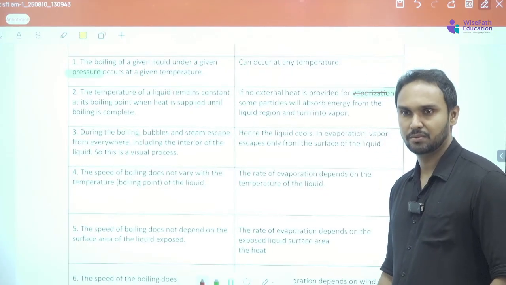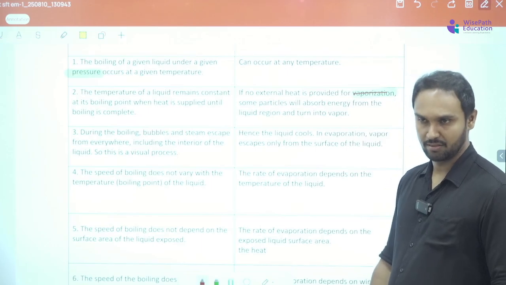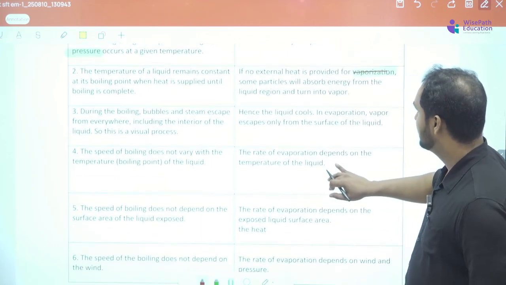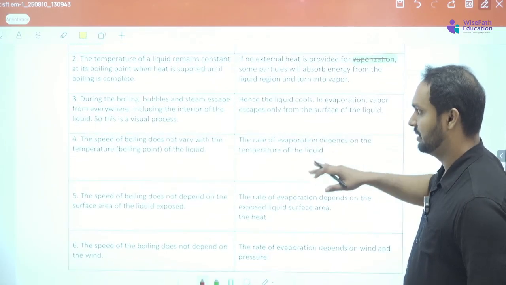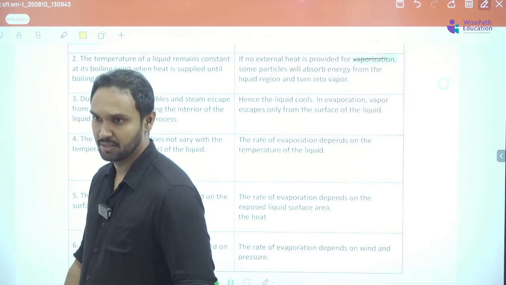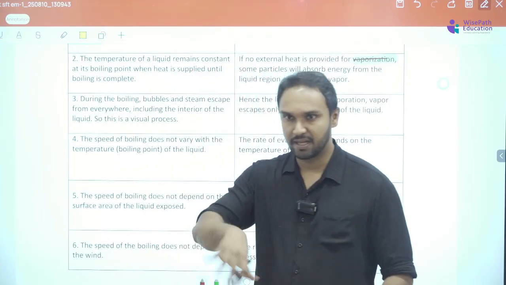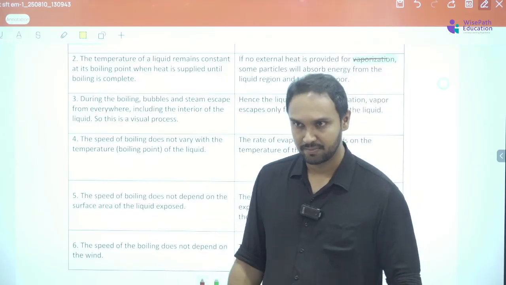If you look at a water surface, you can't see the water molecules escaping. Hence the liquid cools in evaporation. Vapor escapes only from the surface of the liquid. Evaporation happens only at the surface, but vaporization happens everywhere in the container, like bubbling happens everywhere.